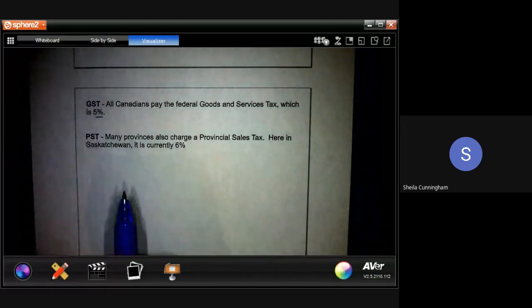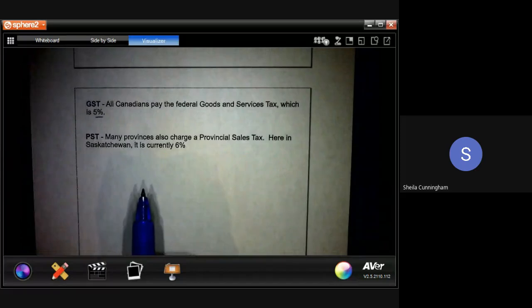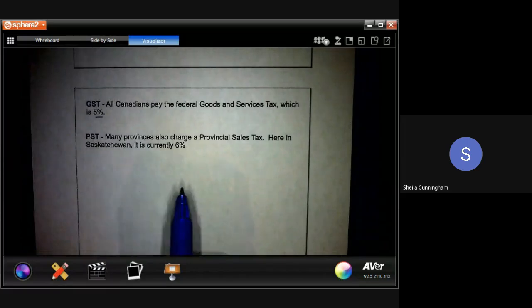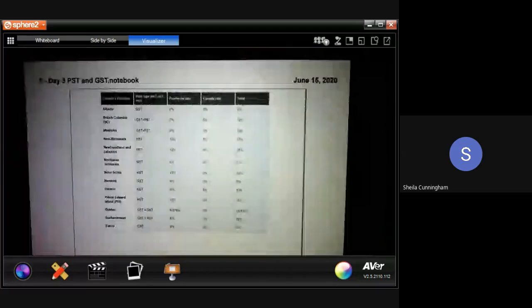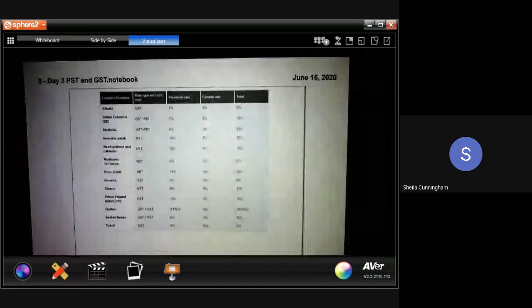Each province will have their own, based on the economic situation in their own province. Right now in Saskatchewan, we currently have a PST of 6% that we get charged when we purchase certain items. Other provinces have a higher PST, or some don't even have a PST.